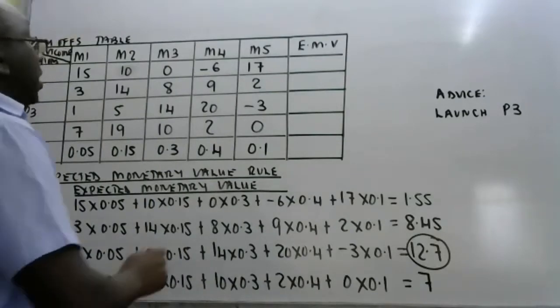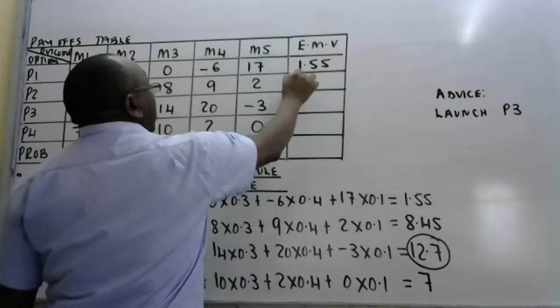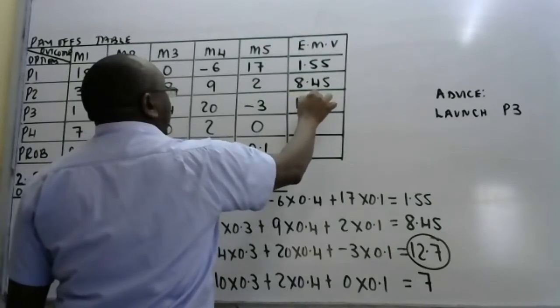Then these values, we will copy them here because we will require them later on somewhere.